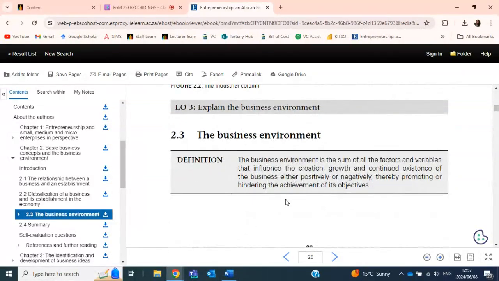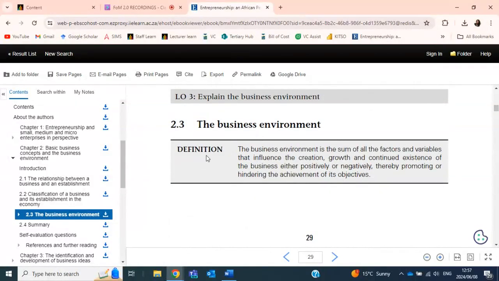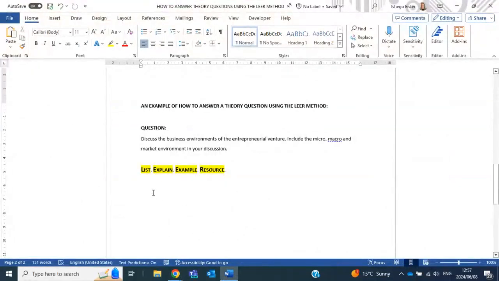So now when you're answering the question, the first thing that you see is that they are giving you the definition, right? When you answer your question, you can start by saying the business environment is defined as, right?